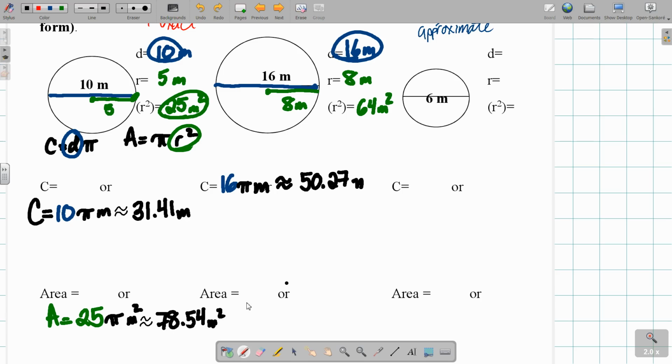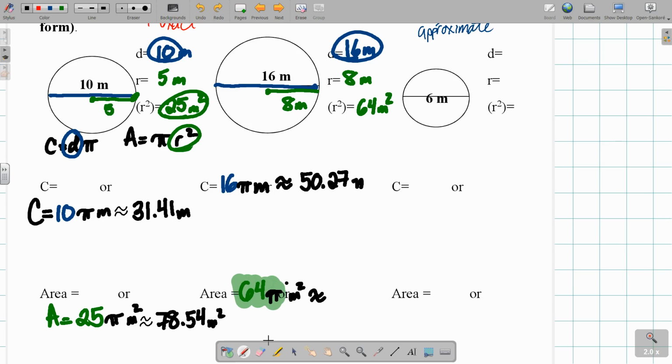Our area is going to be pi r squared. We already have our r squared, 64 pi meters squared. This is called the exact pi form. Again, that's the preferred form in future math classes. Just because it has a Greek letter in it doesn't make it weird.